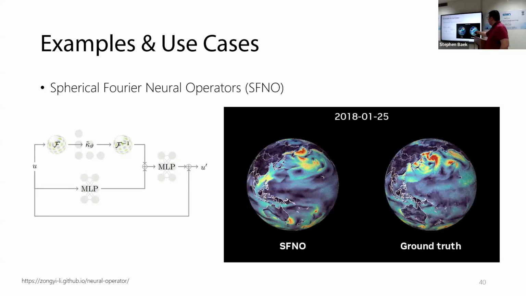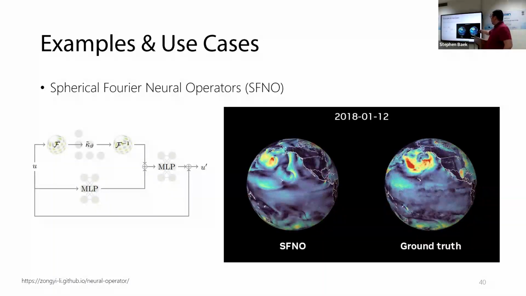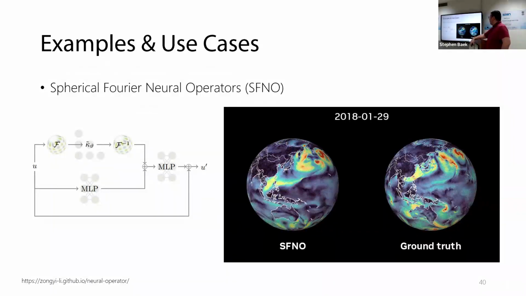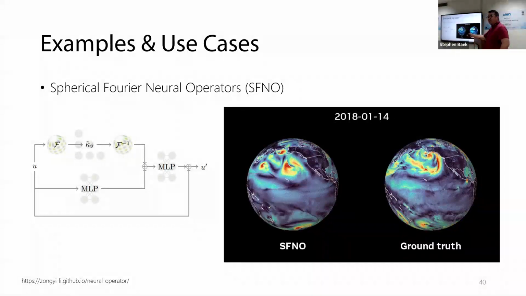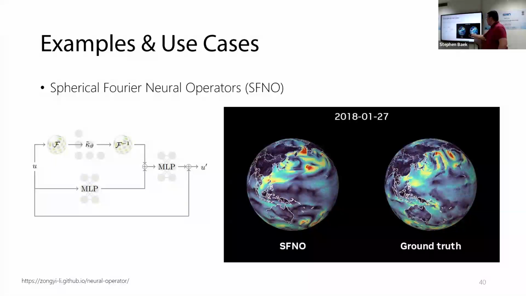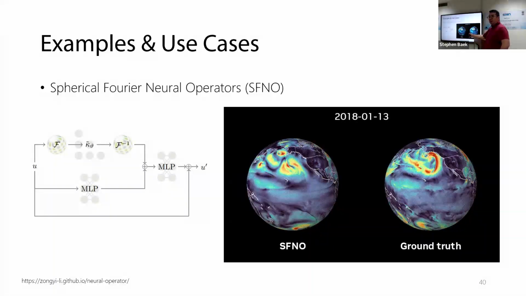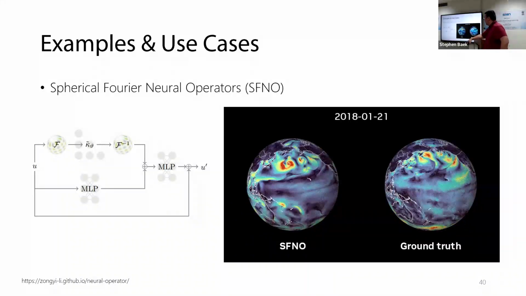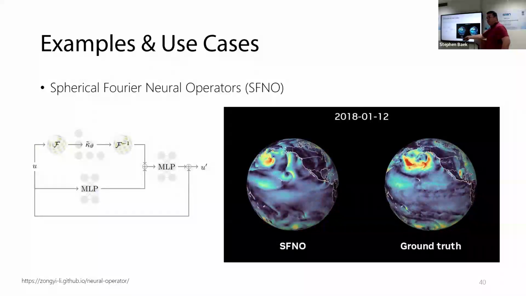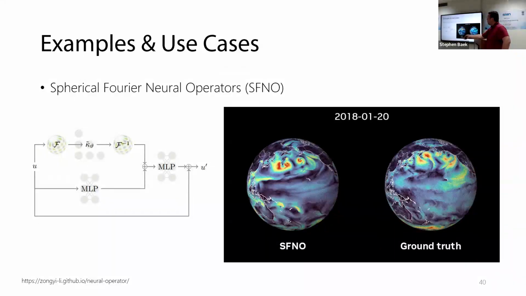You can see that because of the wind and the water current, the temperature field changes. Obviously, once you train the Fourier neural operator this way, for any given initial condition, any given snapshot of the temperature field on the surface, you'll be able to predict the future state. That's the promise here.